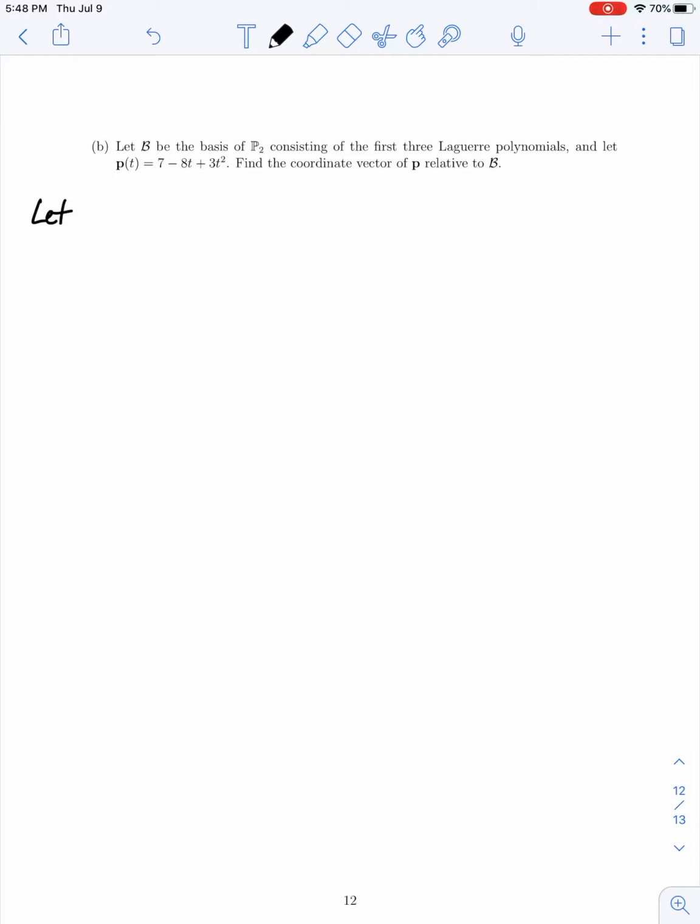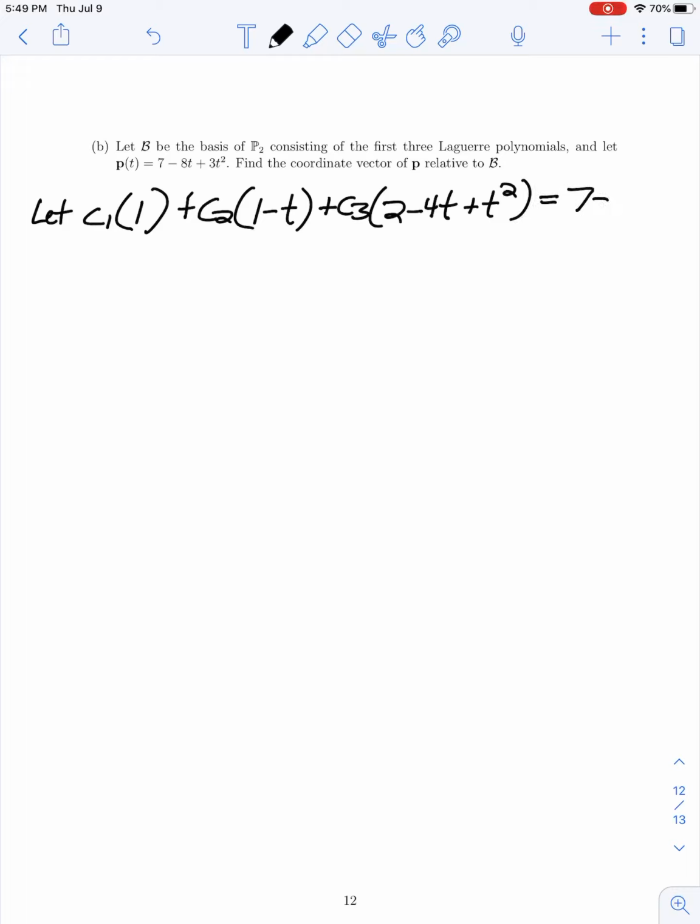So the basis coordinates for this polynomial P must satisfy the following equation. If we take the first coordinate, C1, times the first of our three Laguerre polynomials, which was 1, plus C2 times the second polynomial, which was 1 minus t, plus C3 times the third of those polynomials, 2 minus 4t plus t squared, we should get the polynomial P, which was 7 minus 8t plus 3t squared.